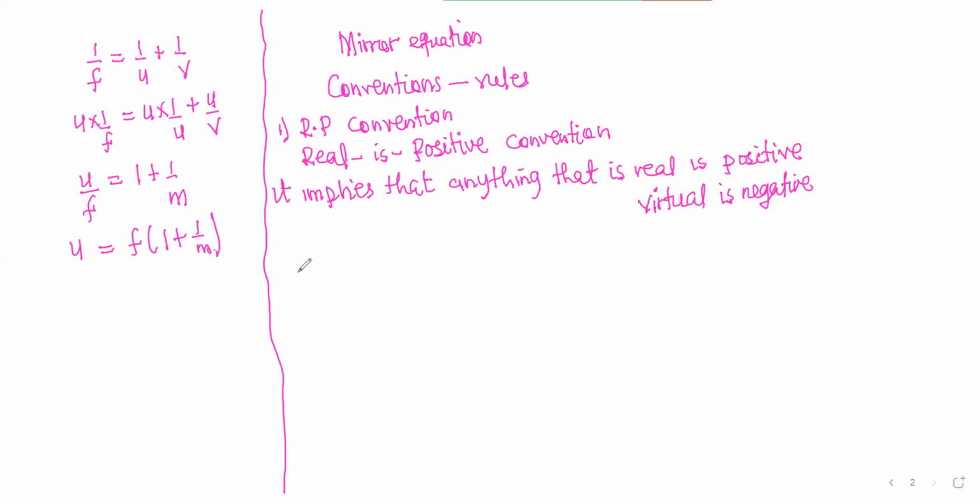So anything real is positive, anything virtual is negative. So in RP convention, real objects, real image must be considered to be positive.